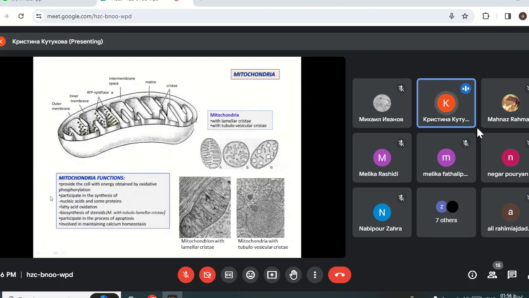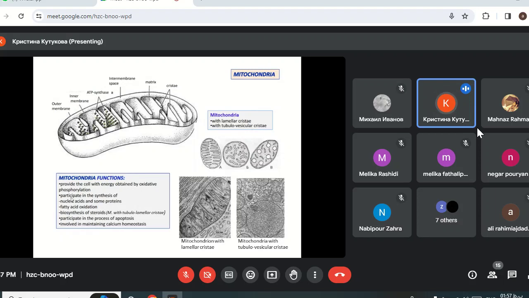Second, mitochondria participate in the synthesis of some substances such as nucleic acids and some proteins, and fatty acid oxidation. Also, these specific ones are producing steroids. Also, mitochondria participate in the process of apoptosis. Apoptosis means the programmed cell death. Many cells should grow, age, and die in the end, and then they are replaced by the newly produced cells.